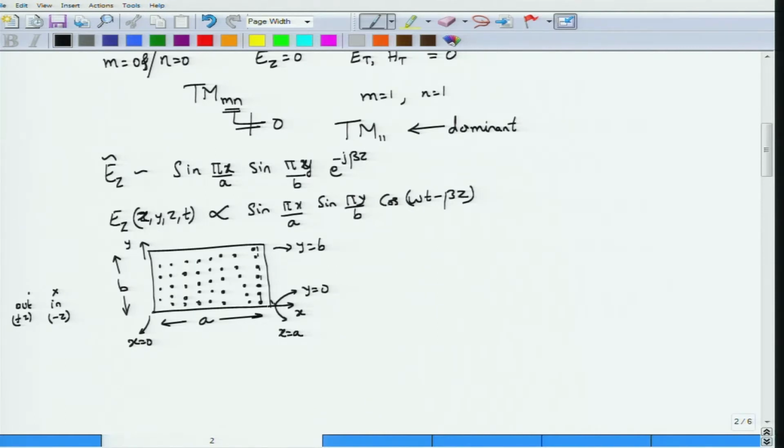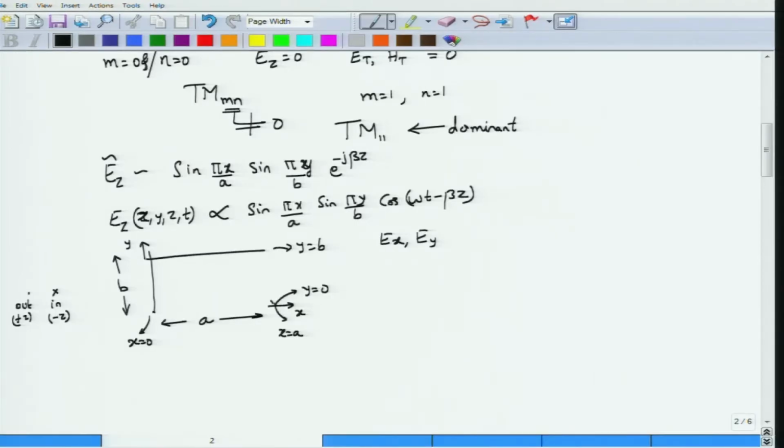There is a slightly different way of drawing the fields. This is just the Ez components which we have drawn. Of course, if I were to include Ex and Ey, the picture would look quite different, okay. So, there would be density of the fields which are maximum. I should have actually indicated that by maybe drawing something like this, okay. So, let me draw it in this fashion.